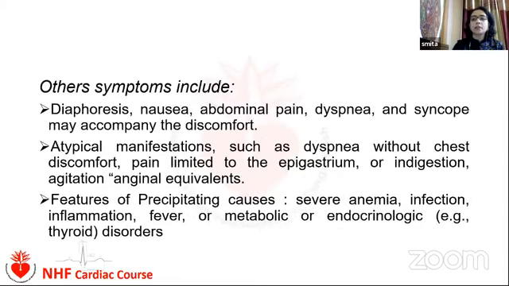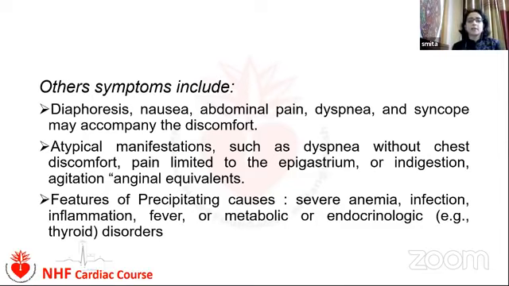Accompanying the chest pain, the patient may present with nausea, dyspnea, or syncope. Sometimes patients may have atypical manifestations or anginal equivalents. Patients of older age, women, and those with diabetes or chronic kidney disease are more prone to present this way.